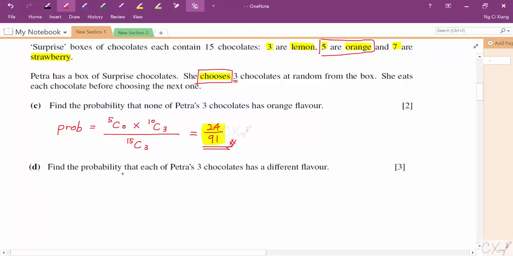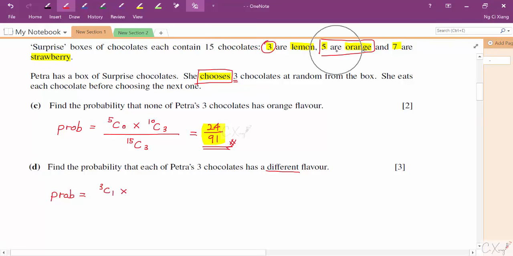They want us to find the probability that each of Petra's 3 chocolates has a different flavor. That means to calculate the probability, now I want to separate my group into 3 different groups. The first group is lemon. For the lemon group, there are 3 lemons, I want to choose 1.